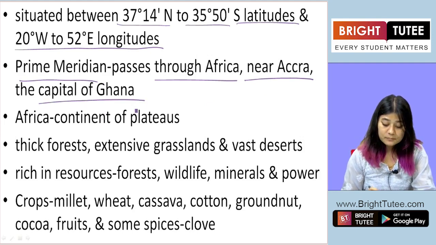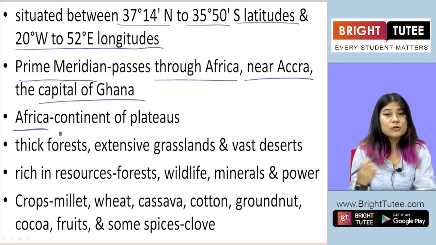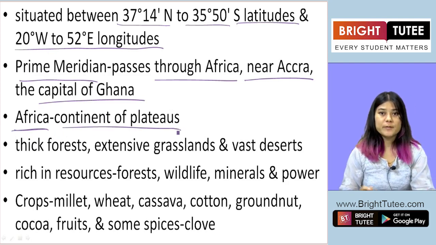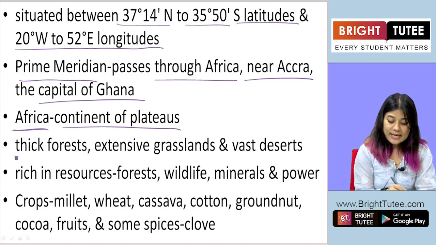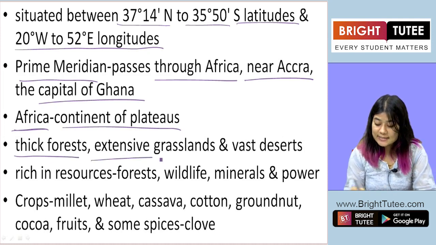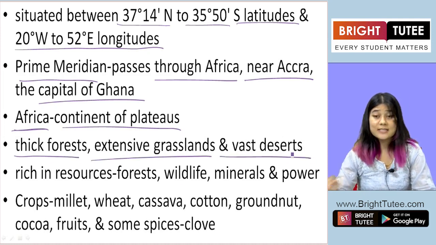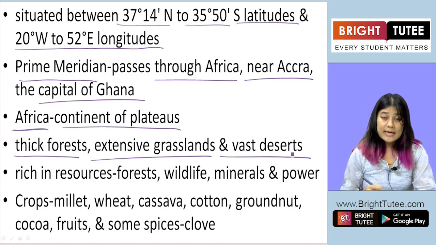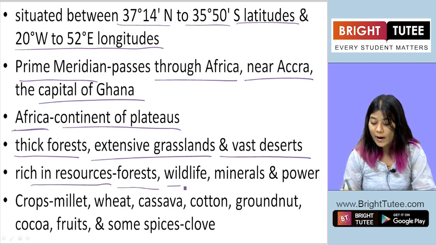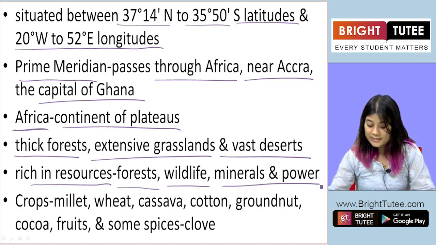Okay, Africa is also known as the continent of plateaus because there are so many plateaus in the continent of Africa. Africa has thick forests, extensive grasslands and vast deserts. Okay, it is very rich in resources like forests, wildlife, minerals and power.